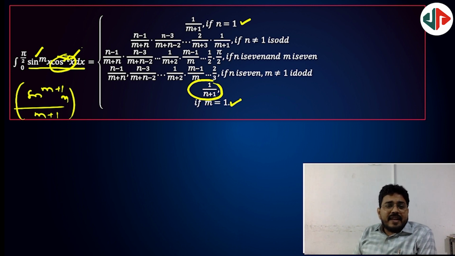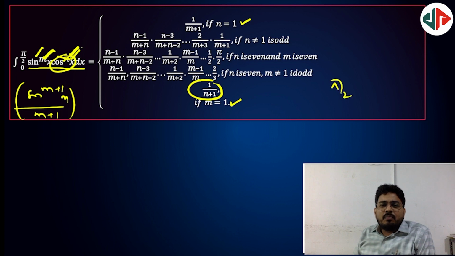Where m and n are different values, see, if both m and n are even, you will be getting pi by 2. Both m is even and n is even, pi by 2.